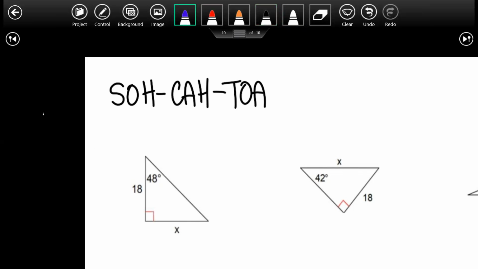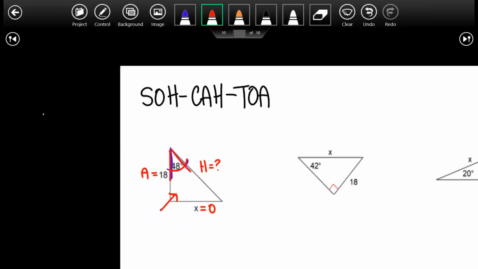What's our reference angle? 48. Got to use this one. Our little 90-degree angle makes an arrow, which tells me that side is going to be the hypotenuse. I don't have anything for this. The side the angle does not touch, so that's going to be X. 18 will be our adjacent.